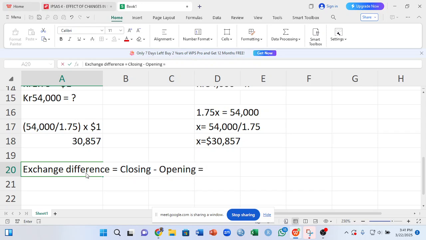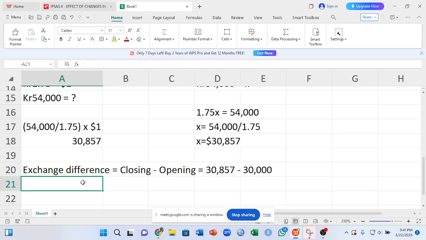The closing value is 30,857 minus the opening value 30,000. So what's the difference? 857. Is it an exchange gain or an exchange loss? It's a loss.